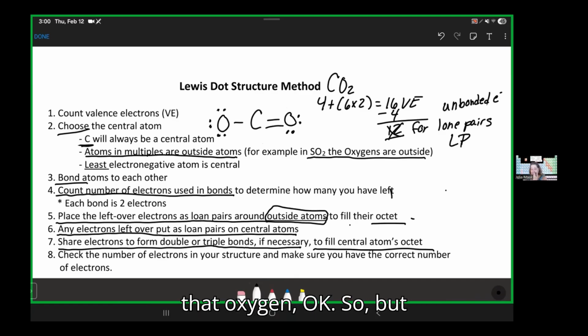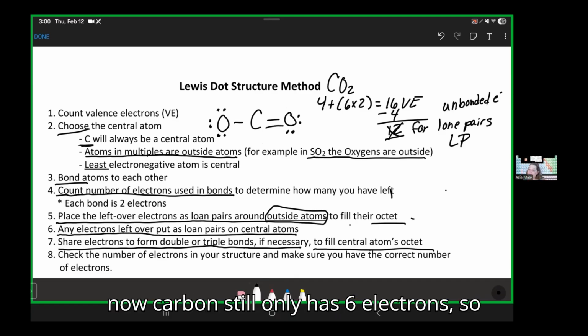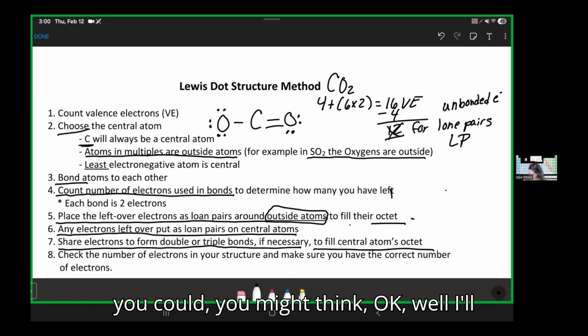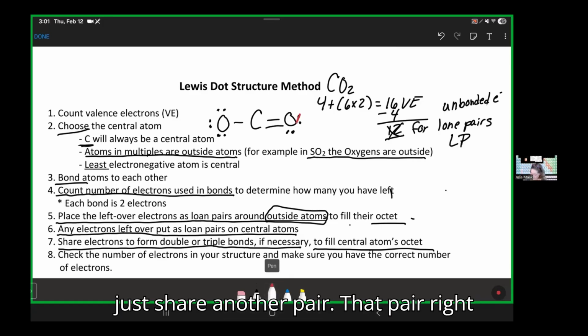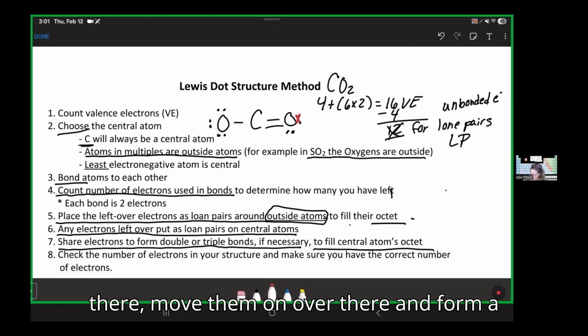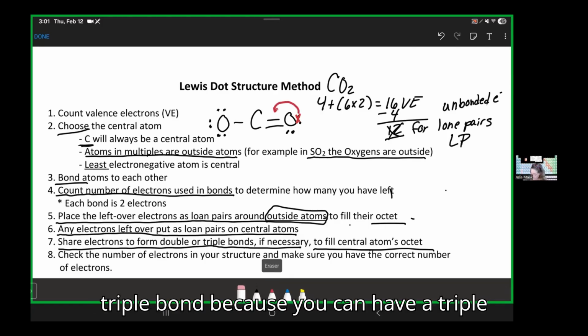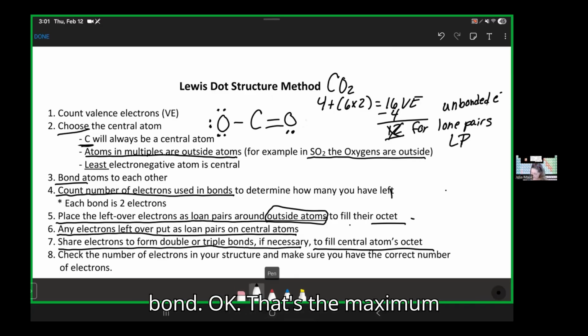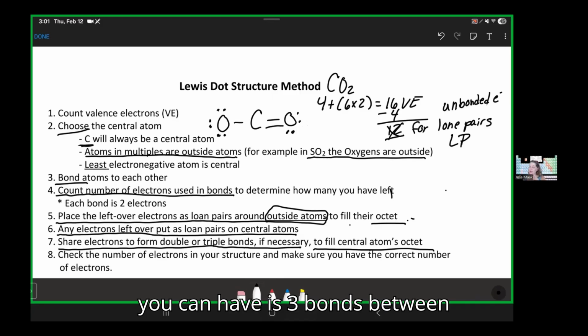But now carbon still only has 6 electrons, so he still needs 2 more. You might think, I'll just share another pair, move them over there and form a triple bond, because it's possible to have a triple bond. That's the maximum you can have, 3 bonds between 2 atoms.